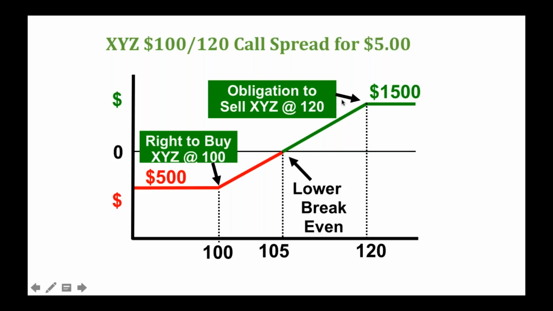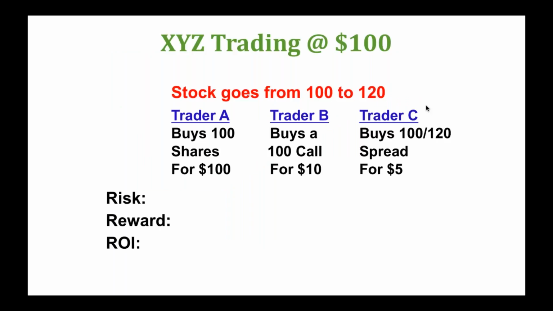And then you've got out here what we call our maximum profit area. So limited risk. Here's the problem, limited reward. What you're giving up is unlimited reward. What are you getting in return? A much lower cost options trade. All right? So if we were to look at, for instance, say XYZ at 100, if the stock goes from 100 to 120, here's what it's going to look like.